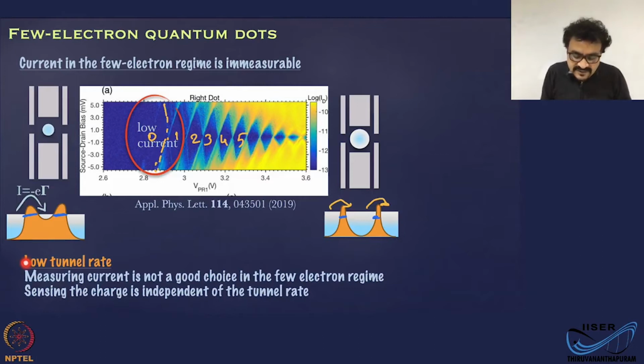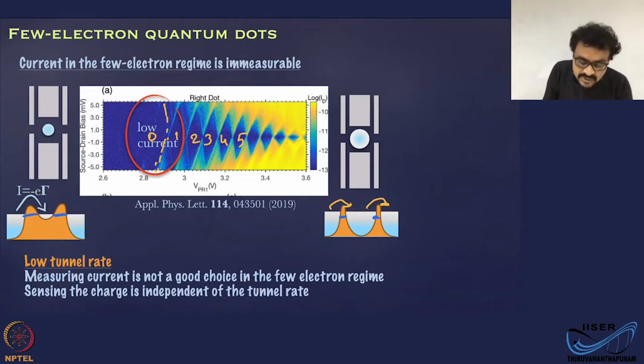So what we have is a very low tunnel rate. Measuring the current is not a good choice in the few-electron regime, and that you will see very soon. But what you can do is, you can actually sense the charge, you can see whether there is an extra electron there or not.